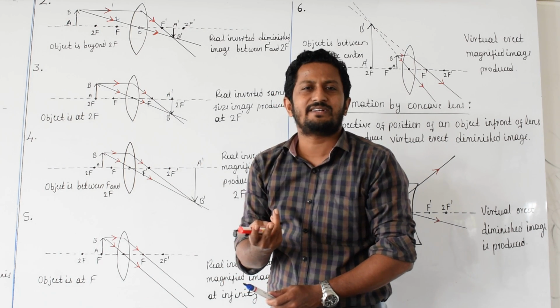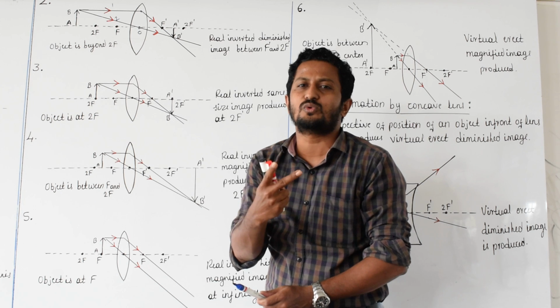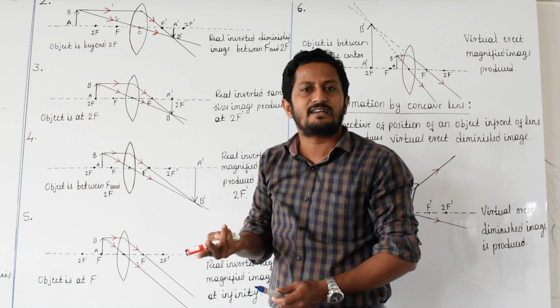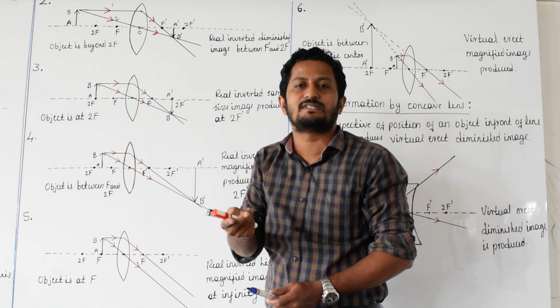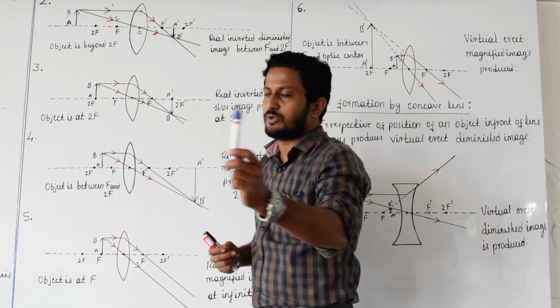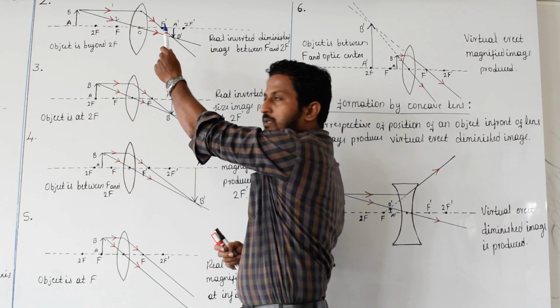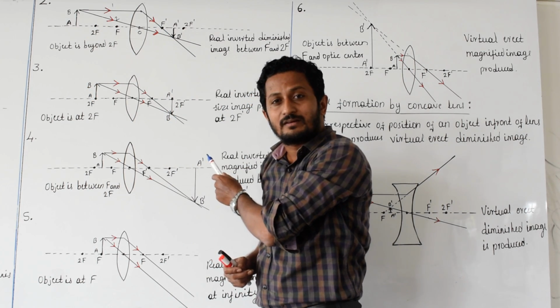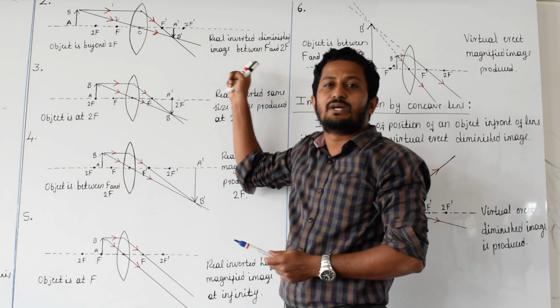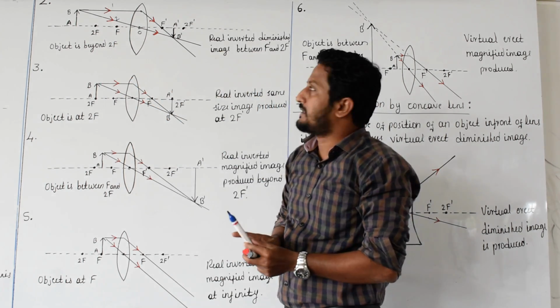To get an image, we need at least two refracted light rays. Where they intersect, there they will produce the image. At least we have to take two light rays: one parallel ray which passes through the principal focus, and another which passes through the optical center.